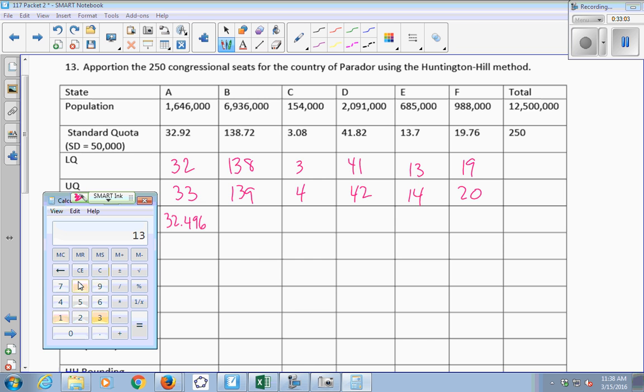All right, 138 times 139, square root. I get 138.499 as my cutoff. 3 times 4, 3.464. All my standard quotas just have 1 or 2 decimals, so if I do 3 decimals for my cutoffs, that should be enough. 41 times 42 square root, 41.49699.